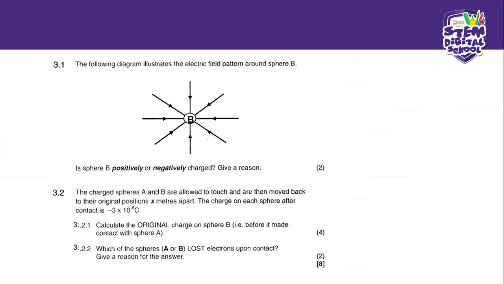The charge on each sphere after contact is minus 3 times 10 to the power minus 6 coulomb. What they want to know, 3.2.1 says calculate the original charge on sphere B before it made contact with sphere A.